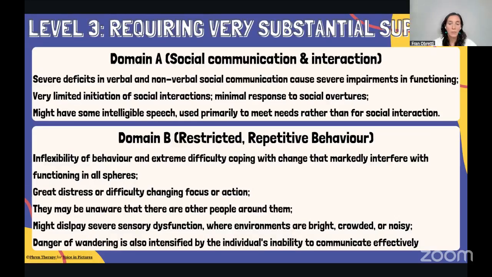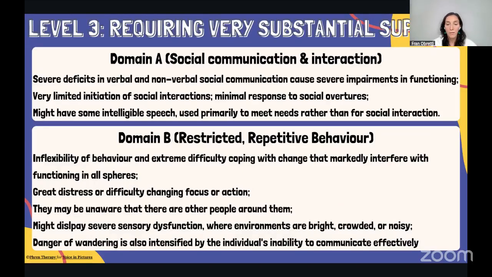A child with autism at level 3, or any person, might struggle to understand that there are other people surrounding them and that they are at risk of eloping or wandering off, because there is also an ineffectiveness in their communication. So they are not able to communicate how they are feeling, why they are feeling a certain way. And this builds up frustration. So this is why there is a risk of behavior like wandering off, eloping.